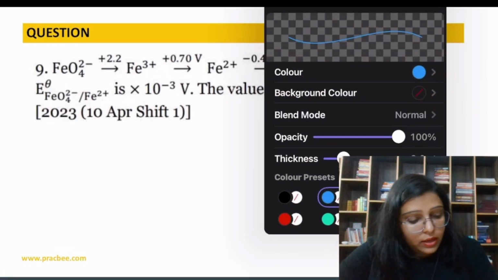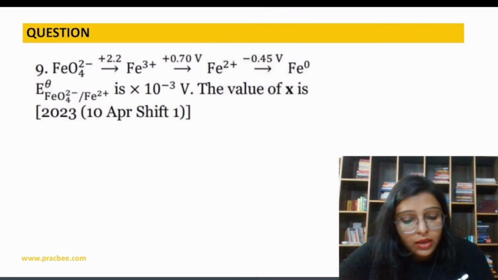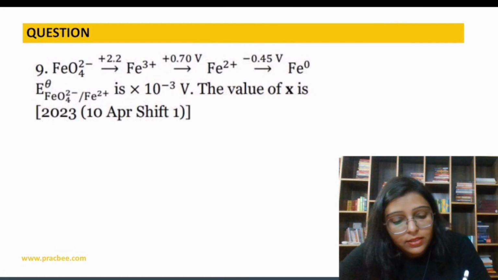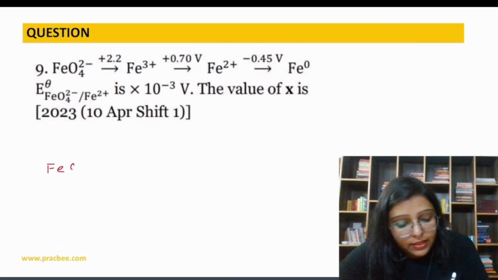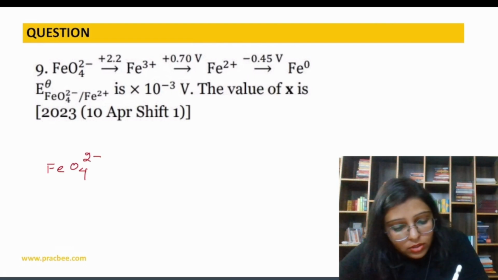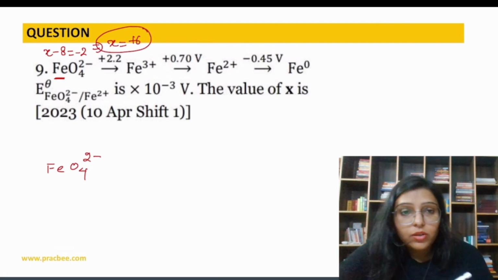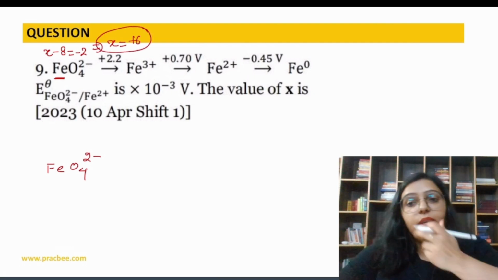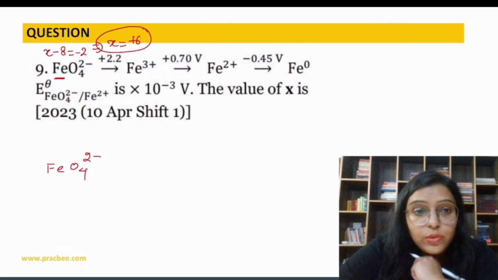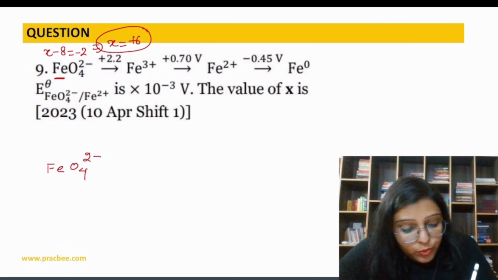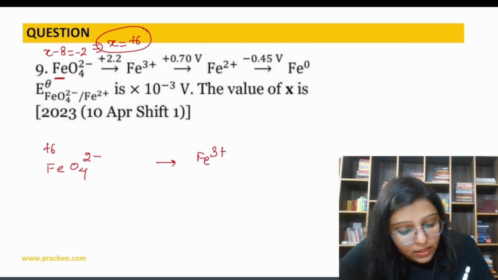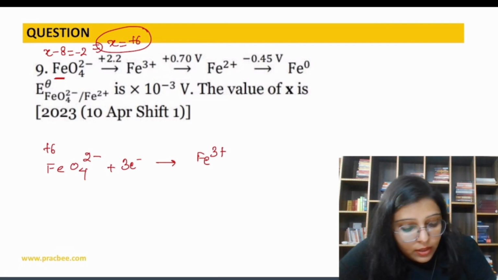So the next question is, FeO4 2 minus gives FeO4 2 minus to Fe3 plus. Let me rewrite this. FeO4 2 minus, so the oxidation state over here is x minus 8 is equal to minus 2. The oxidation state of oxygen is minus 2, so x minus 8 is equal to minus 2, which gives x equal to plus 6. So it is converted to Fe3 plus. For plus 6 to plus 3, there is a change of 3 electrons, right?